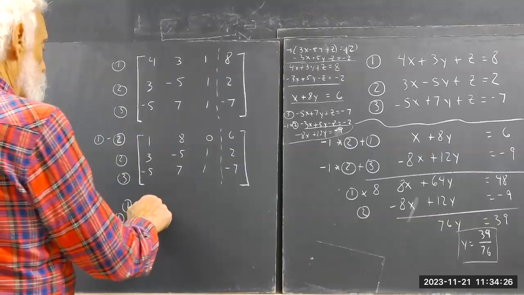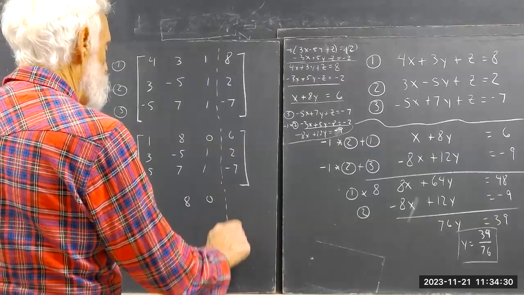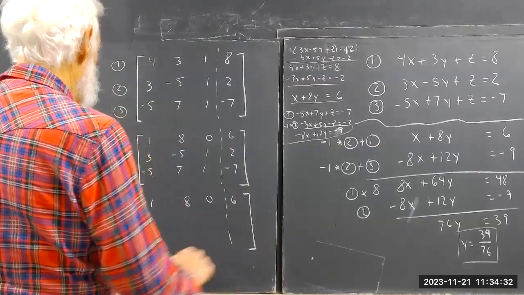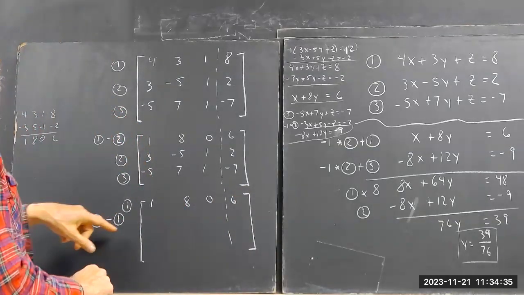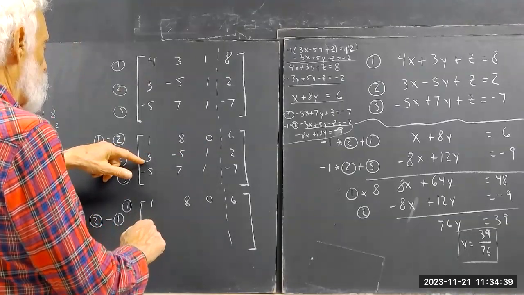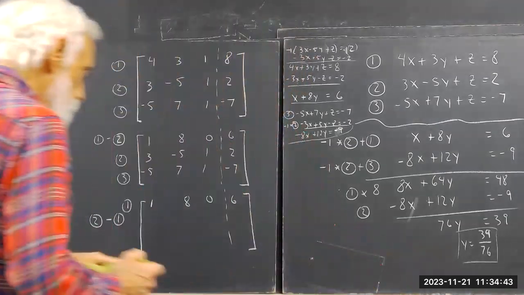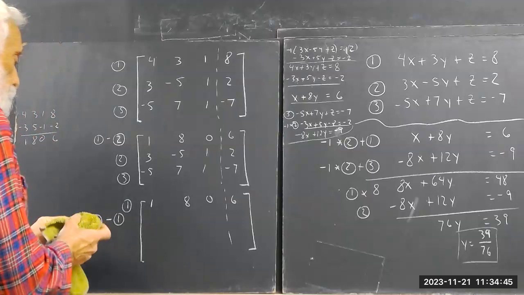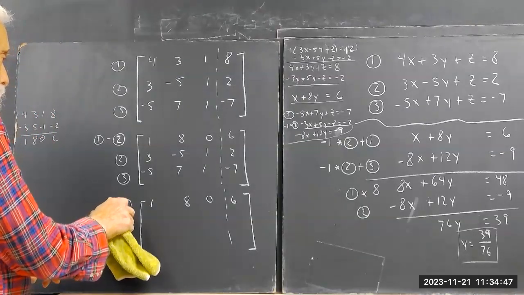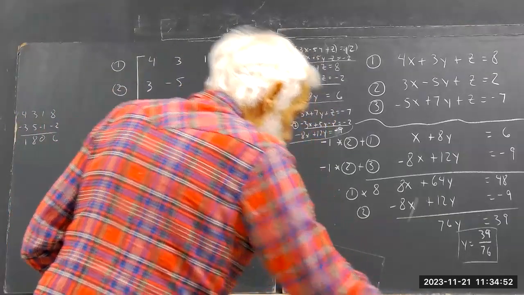First of all, I write down equation 1 or line 1. Then I do equation 2 minus equation 1 or line 2 minus line 1. And it's not that. It's equation 2 minus 3 times equation 1.